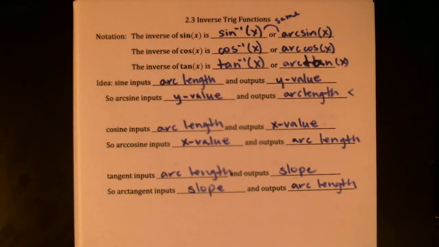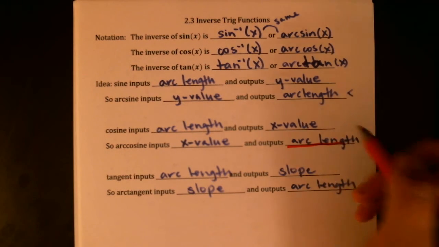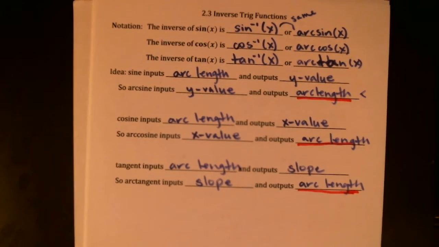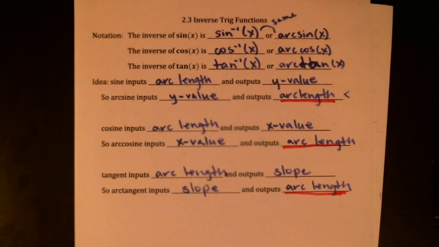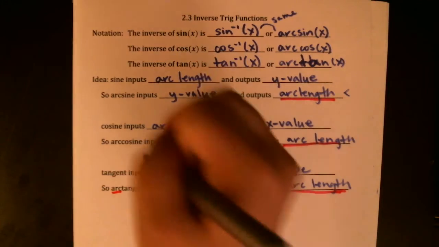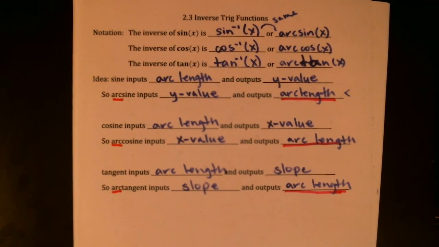So notice that for all of the inverse trig functions, the output is arc length for every single one. It doesn't matter if it's sine, cosine, tangent. The same would be true for inverse secant, inverse cosecant, inverse cotangent. And this is where the arc naming comes from. The arc sine outputs arc length, arc cosine outputs arc length, and arc tangent outputs arc length. Okay, so this is the basic idea of what we're going to call these functions and what they do.